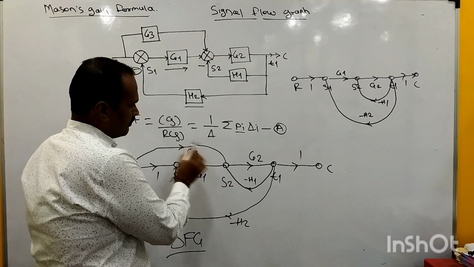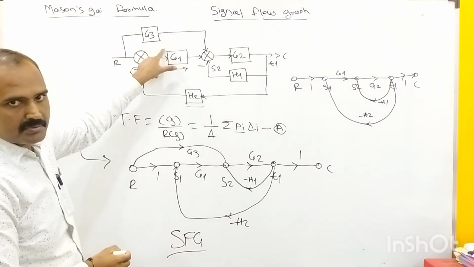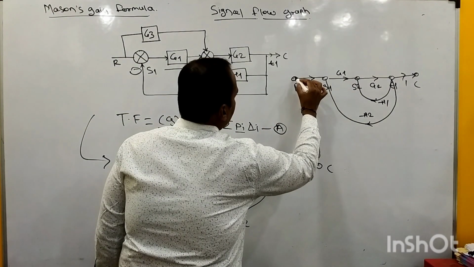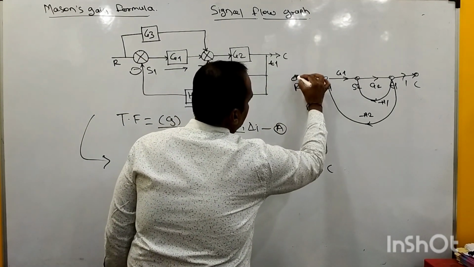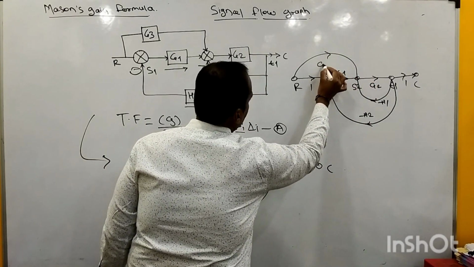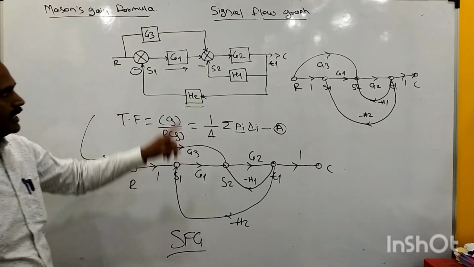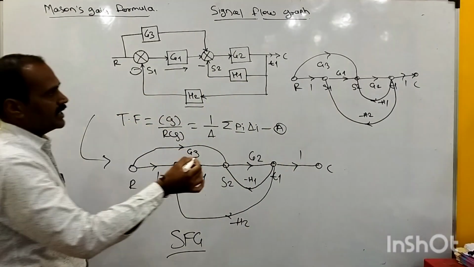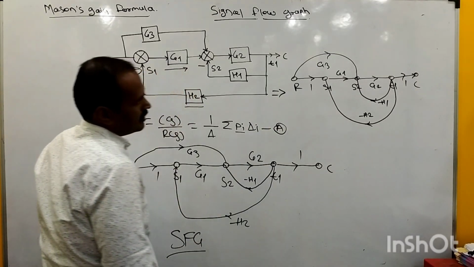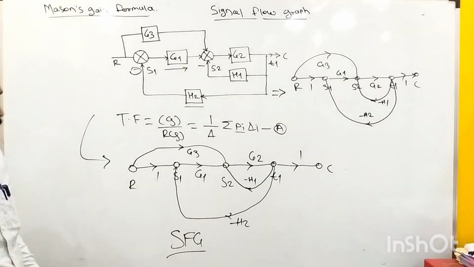One more forward path we need to show, right? Already we had represented that forward path. It starts at this R and terminates at S2, and the gain of this path is G suffix 3. So in this way, this block diagram is converted into its equivalent signal flow graph representation. After that, we can apply Mason's gain formula, which is already written on this board.